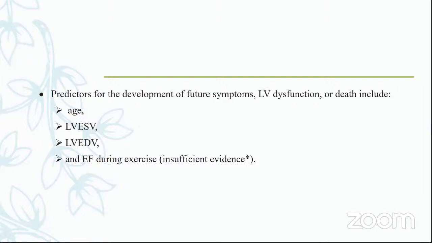But the ejection fraction during exercise is insufficient evidence because it is dependent on many factors, such as myocardial contractility, the severity of volume overload, and the exercise-induced changes in the preload and the pulmonary vascular resistance as well.